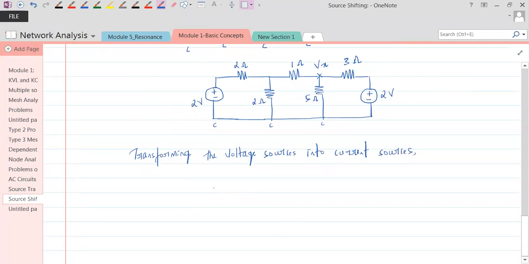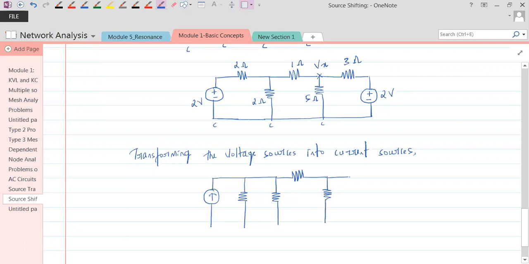The voltage source would become a current source. Since the positive sign is at the top, it would be flowing upwards. The resistor which was in series with the voltage source would come in parallel with the current source. So this is how that looks like. Then you have another resistor here, a resistor here, a resistor here.